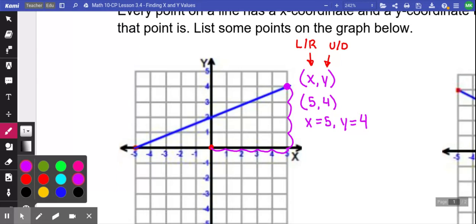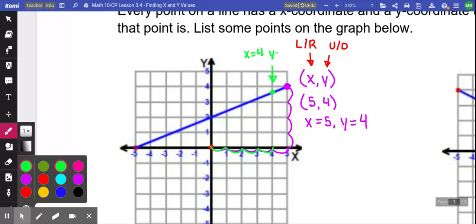And I can do that for literally every little tiny spot that you see on this line. Even decimals, right? Like this technically has an x value and a y value. The x value, I can tell, is 4 to the right, 1, 2, 3, 4. So that's x equals 4.